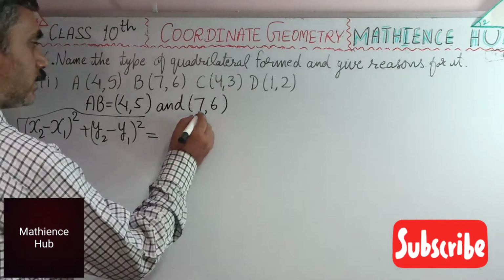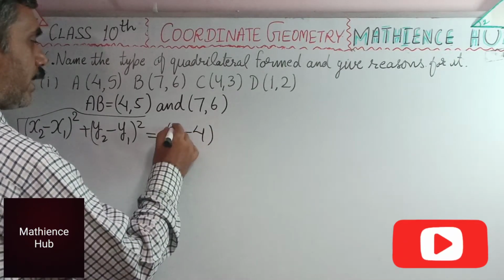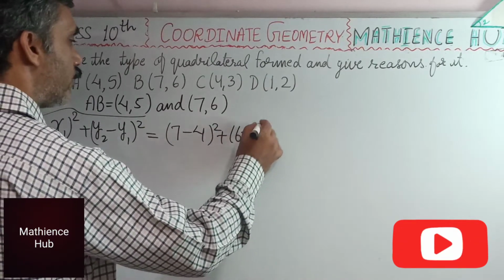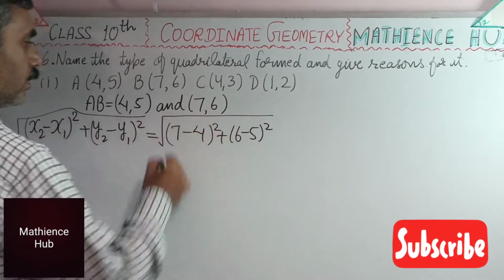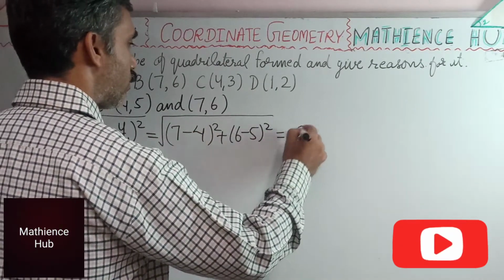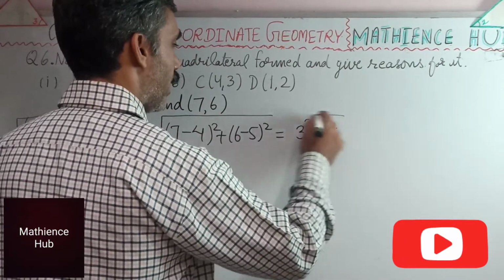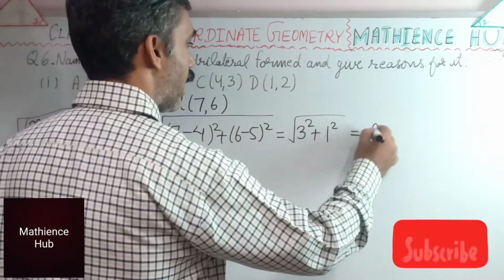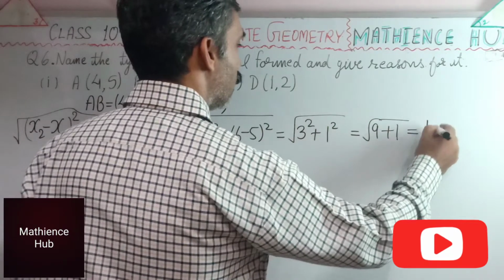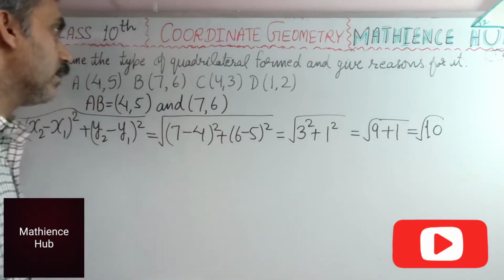Put the values in this. x2 is 7, x1 is 4, so 7 minus 4 square. y2 is 6, y1 is 5. 7 minus 4 square is 3 square, 6 minus 5 is 1 square. We get 3 square is 9 plus 1. So the distance of AB is root 10.